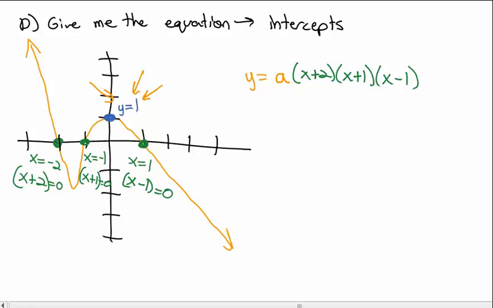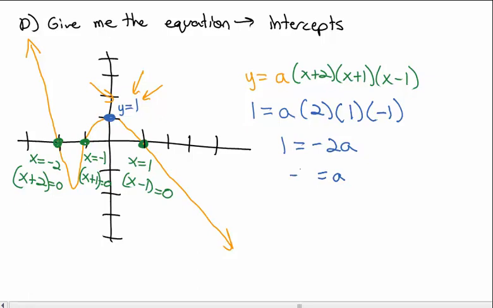So here the y-intercept is 1, so y equals 1 when x is equal to 0. We don't know what a is, but if x is 0, we have a times 2 times 1 times -1. Or cleaning it up, -2a is equal to 1. Solving for a is quite simple.